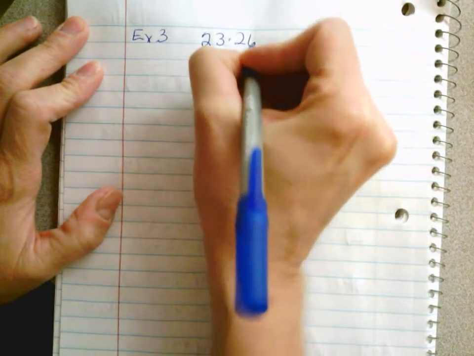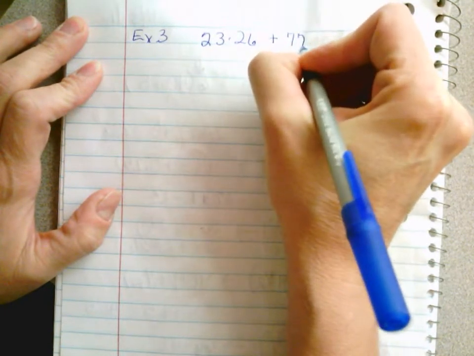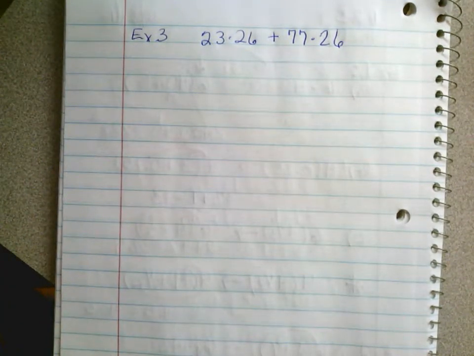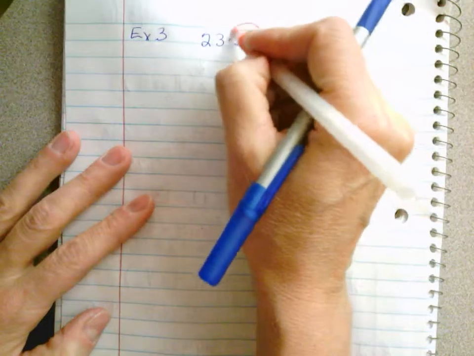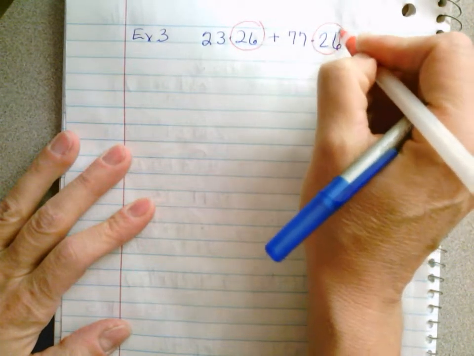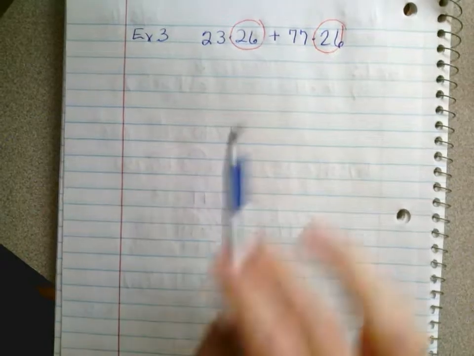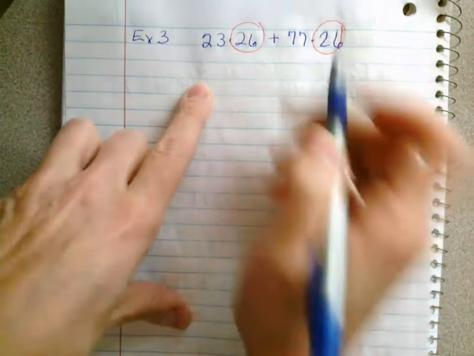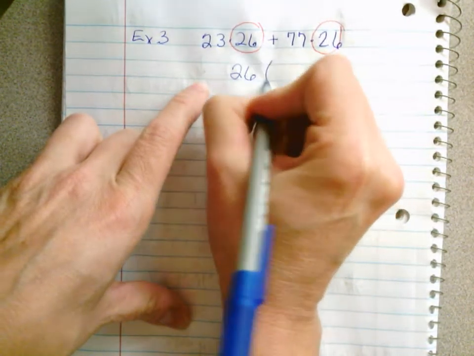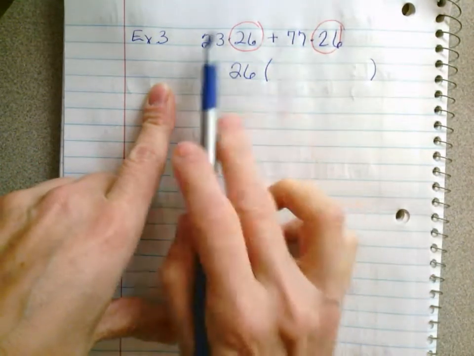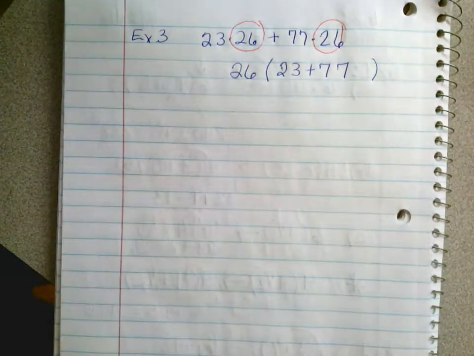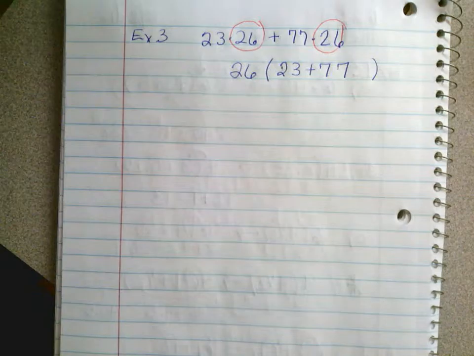23 times 26 added to 77 times 26. Notice that both the 23 and the 77 are being multiplied by 26. They are both sharing the factor 26. So if I factor that 26 out like that and place these two numbers and add them together, lucky for us, we're going to come up with something that we could do in our head.